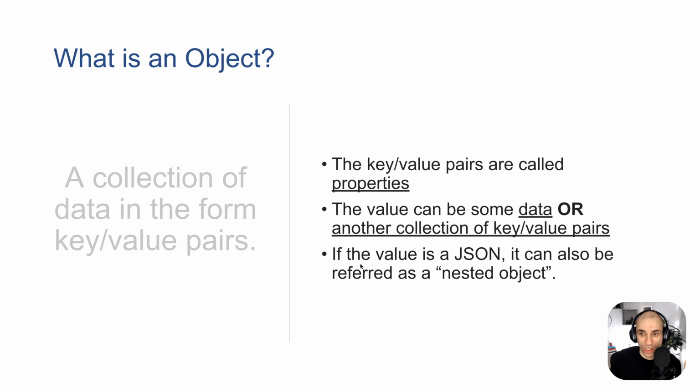So let's take a look. In this example, it can be some data or another collection of key value pairs. Basically, the value can also be a JSON, and the values within that JSON can be further a JSON. So we can keep going forever. And that's why if a value is a JSON, it can also be referred to as a nested object.